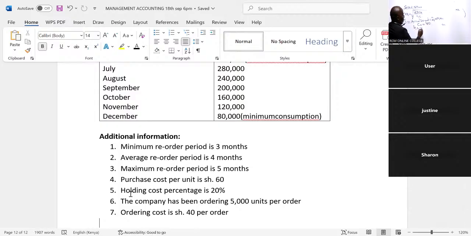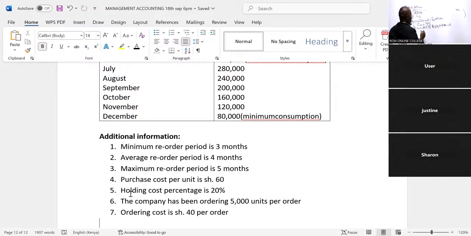How about holding cost? In most cases, they will give it to you in the form of a percentage of the price. So the holding cost is 20%. So then it will be 20% of the price of the cash tied up, so 20% of the buying price per unit.